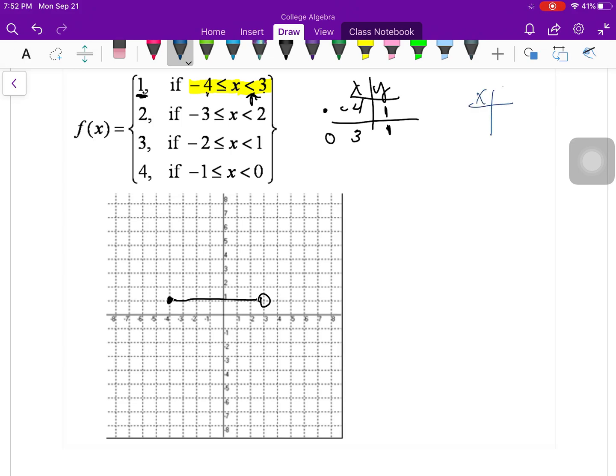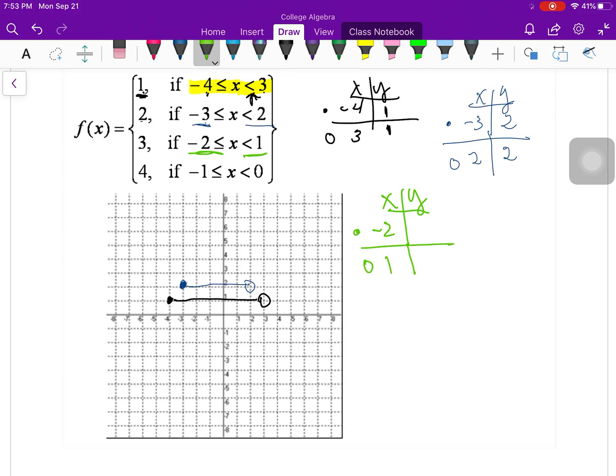Now the next piece. -3, closed, to 2, open. -3 goes to 2. 2 goes to 2. So -3 closed to 2 open. Now I'm going to do my next piece. -2 closed to 1 open. -2 goes to 3. 1 goes to 3.